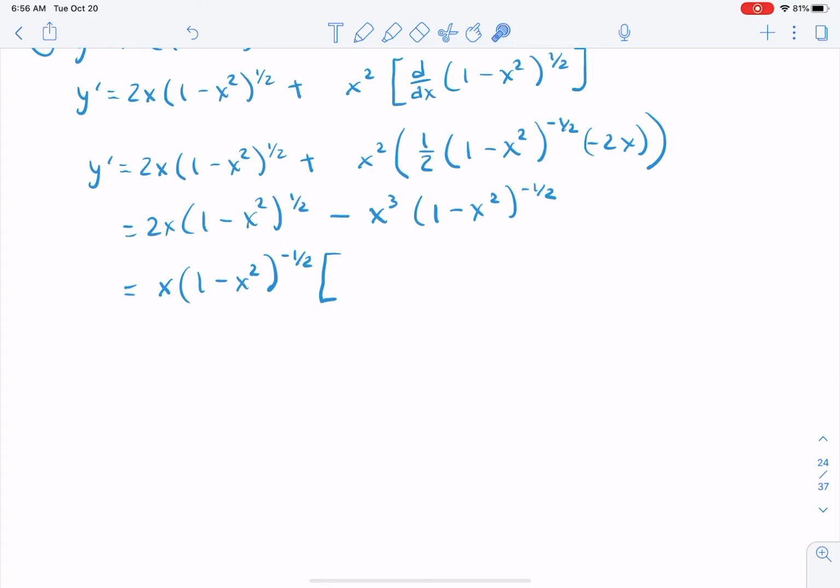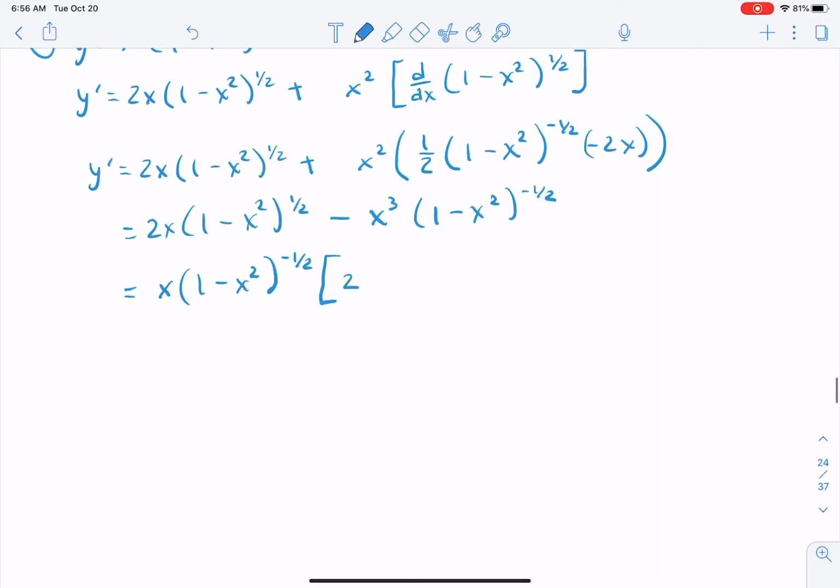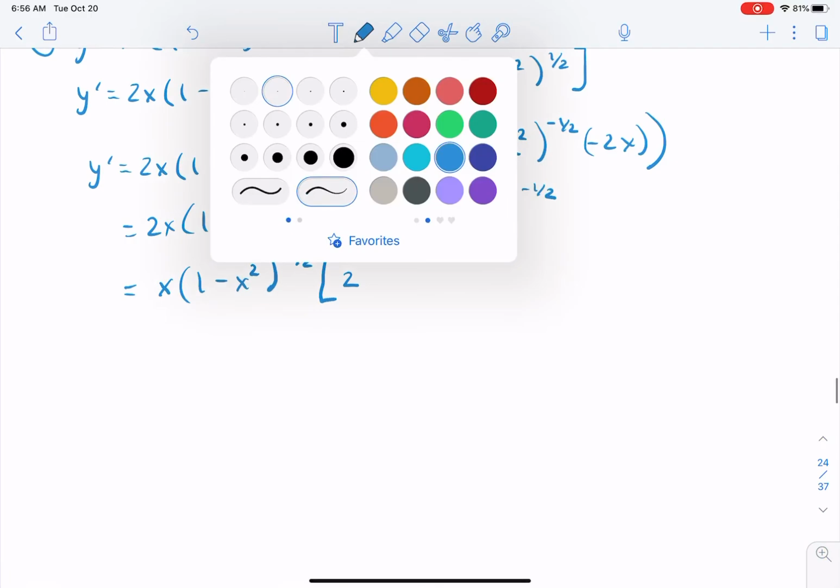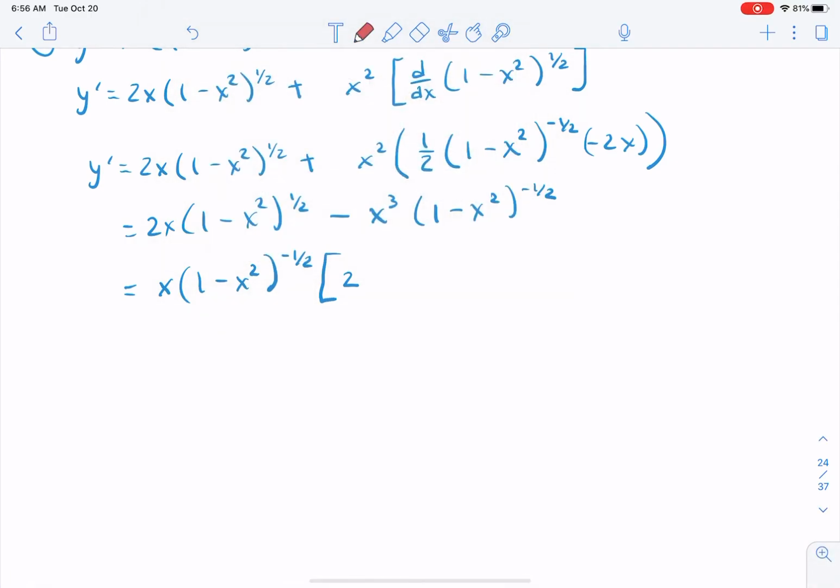So I'll divide the 2x by the x. I get a 2, obviously. And then you might conceptualize this like this. When I divide this by this, think of it as something like an a to the 1/2 power divided by that same something to the negative 1/2 power.